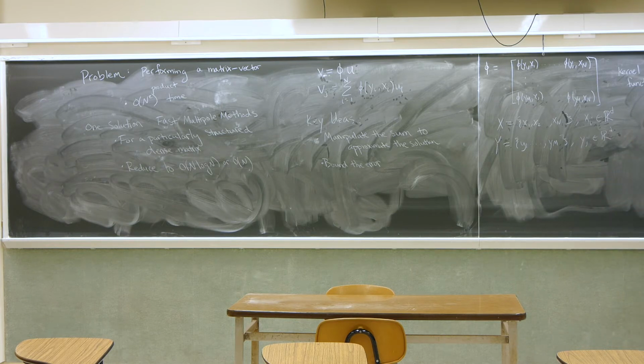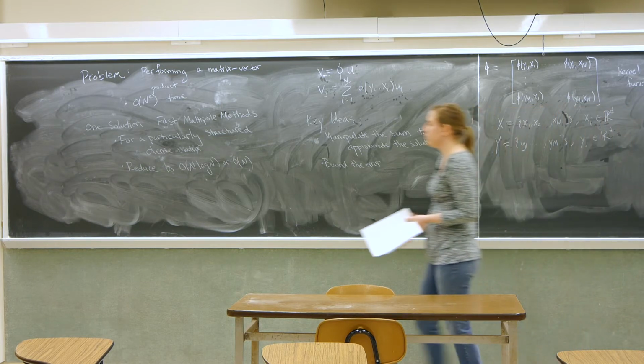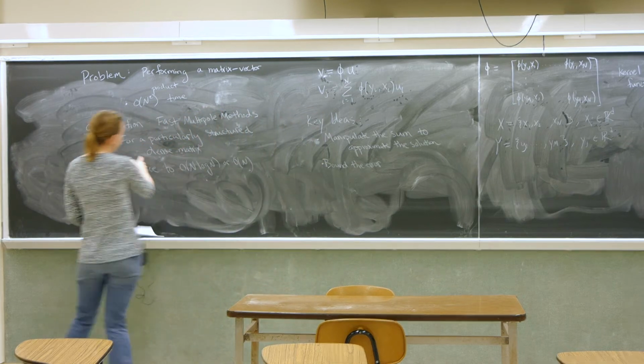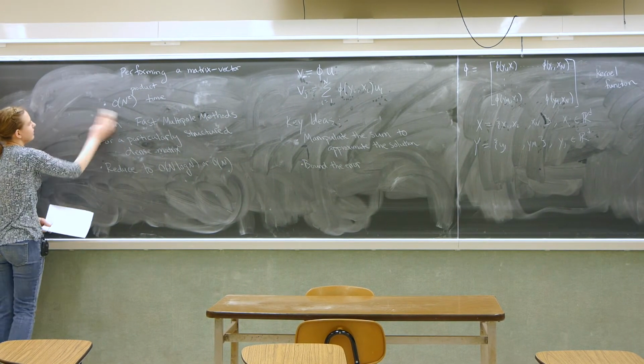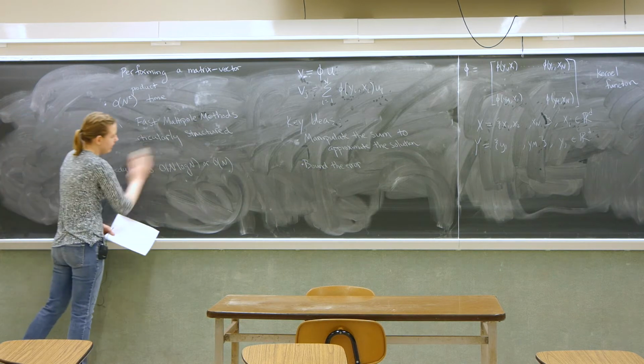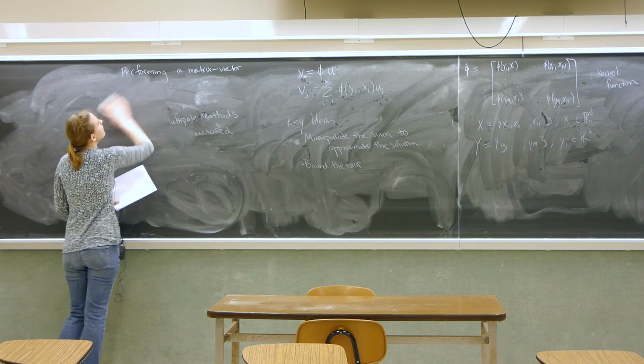Okay, so I said that we can use fast multipole methods for a particularly structured dense matrix. So what exactly is the structure that it has to have?